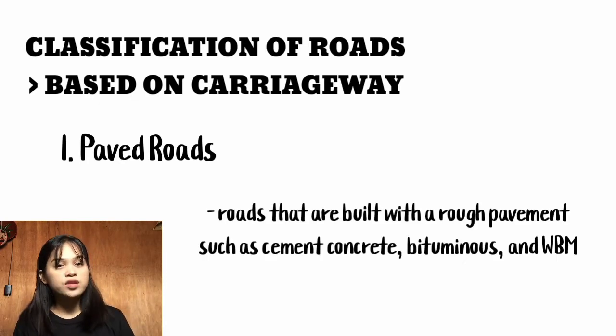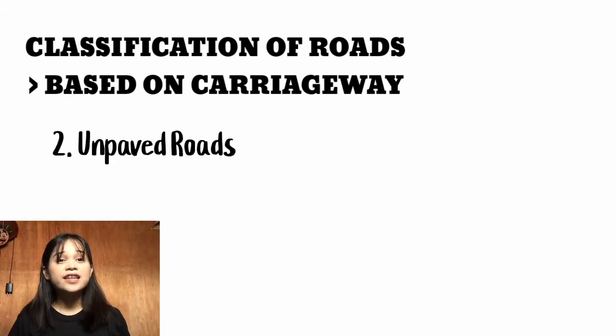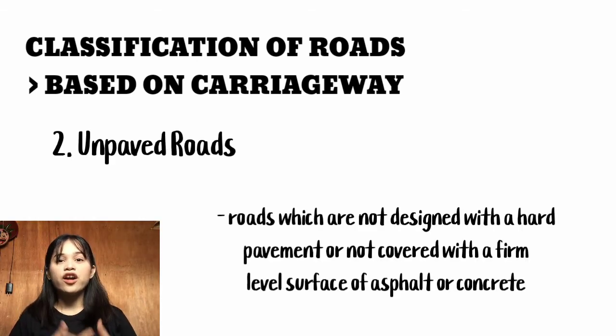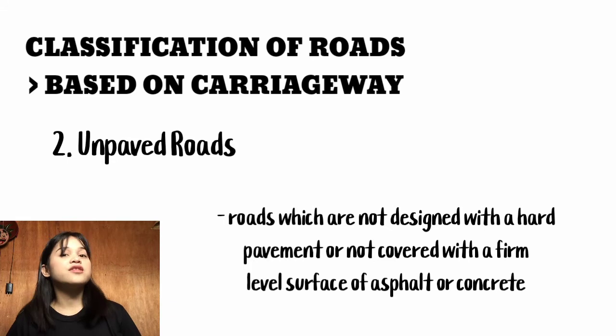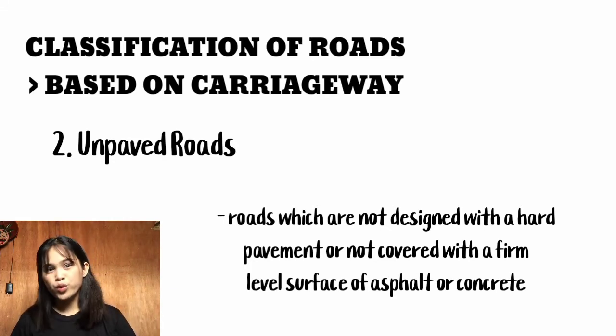So paved roads are the roads that are built with a rough pavement path such as cement, concrete, bituminous, and WBM. On the other hand, unpaved roads are not provided with a hard pavement course of at least a WBM layer, thus earth roads and gravel roads may be called unpaved roads.